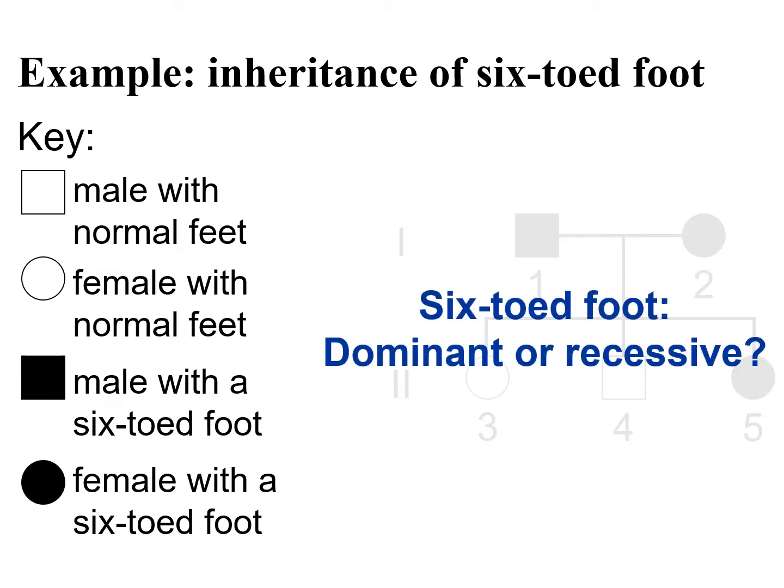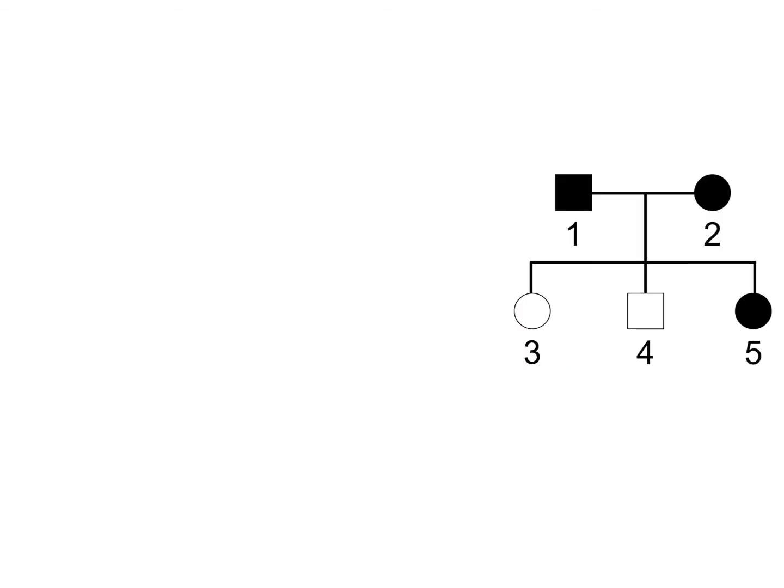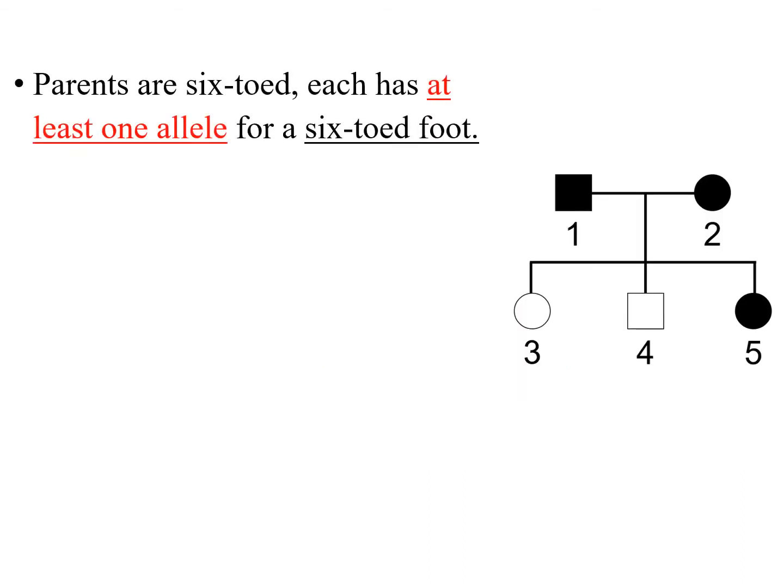How can we make good use of this family tree pattern or pedigree pattern to determine whether the allele of this character six-toed foot is dominant or recessive? In order to do the question, we have to first take a look at the parents. For parent 1 and parent 2, both of them are six-toed.